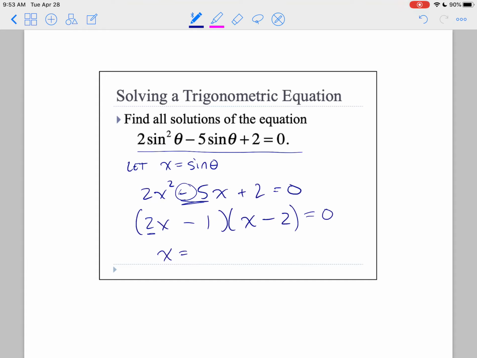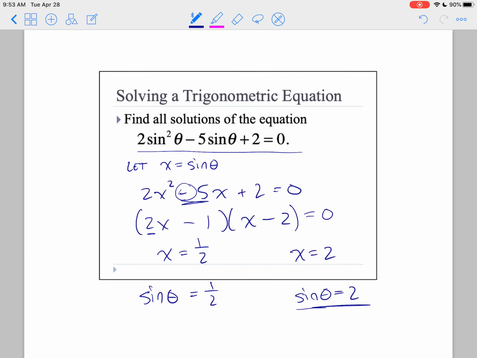So that means that x equals 1/2 and x equals 2. But remember, x is not x. X is sine theta. I'm actually looking for theta. So I'm looking for when sine theta equals 1/2, and when sine theta equals 2.